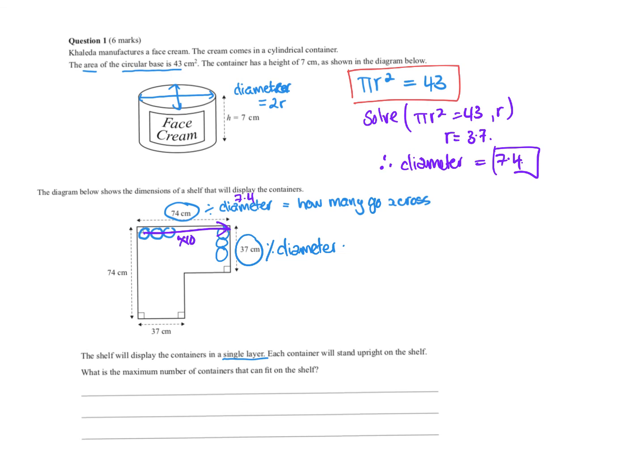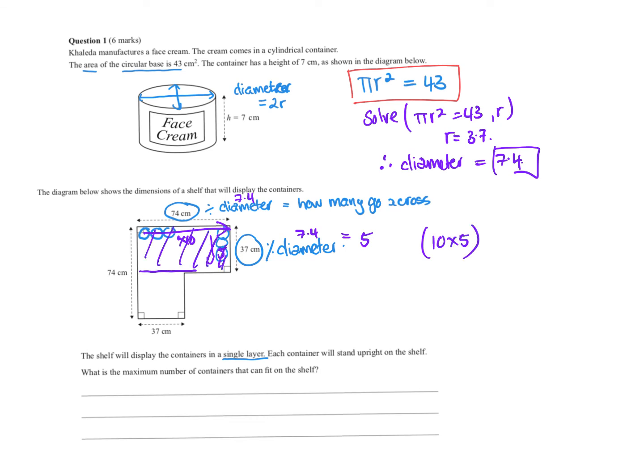That'll equal 10. If I do 37 divided by 7.4, I end up with 5. So I can get 5 down along here. So if you just cut off that bit, this bit here would be 10 by 5. So we get 10 by 5 in this area.